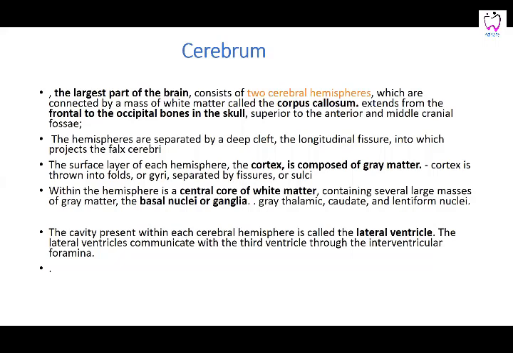The cavity present within the cerebral hemisphere in the cerebrum is called the lateral ventricle. The two lateral ventricles communicate with the third ventricle through the interventricular foramen. So in the forebrain, you have the two lateral ventricles, connected by the interventricular foramen to the midbrain. In the midbrain, you have a canal called the cerebral aqueduct, and it opens up into the cavity between the two cerebral hemispheres.